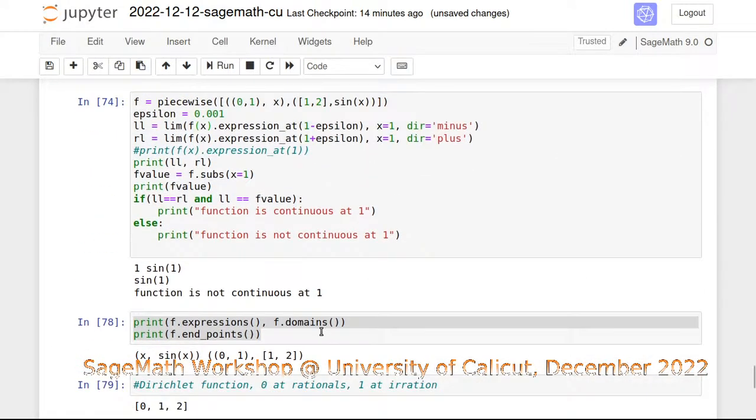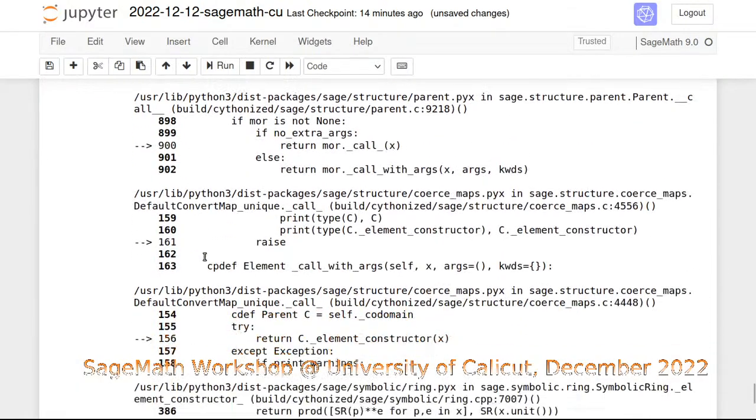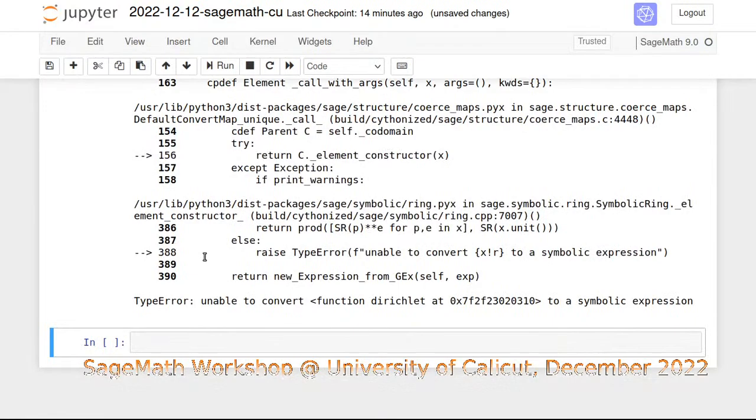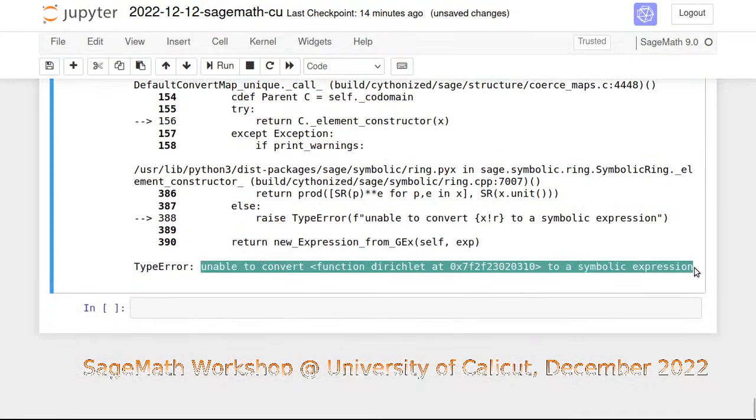Okay, let us try anyway. Dirichlet of x equal to 1. So it's unable to convert the function to a symbolic expression.